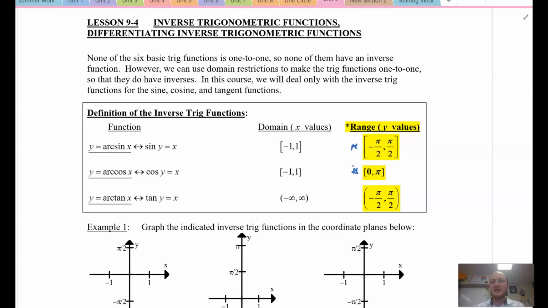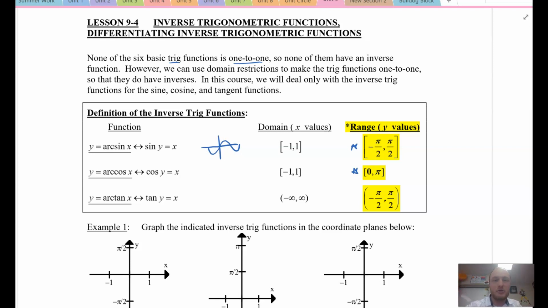The reason for this is that none of the basic 6 trig functions are 1 to 1. So we have to restrict where we're looking. If you consider the sine function, I'll do my best to draw a sine function, and what we want is to capture from -1 to 1.